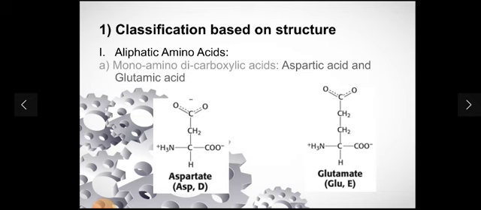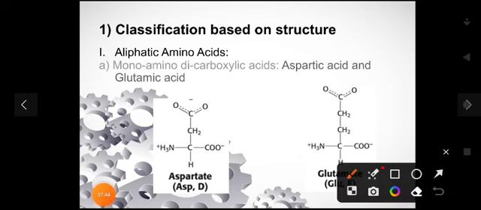Now we have another one, which is the monoamino dicarboxylic. They have one amino group, but they have two carboxylic acid groups. They are the only two amino acids that are here: aspartate and glutamate. Now let's look at these amino acids. When you look at this, you see you have only one amino group here, but there are two carboxylic acids.